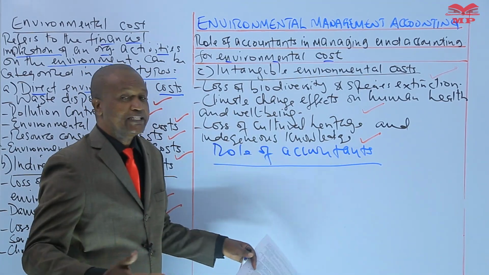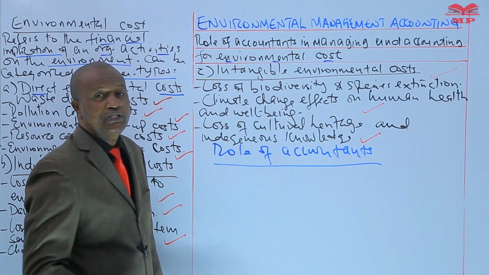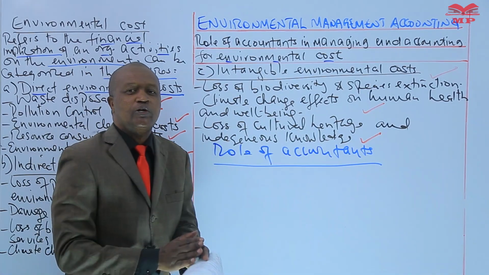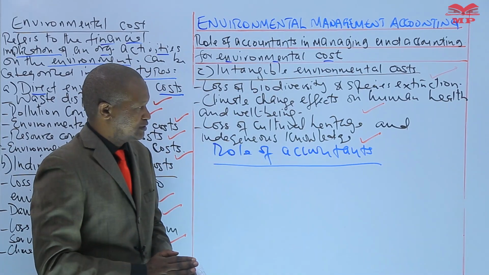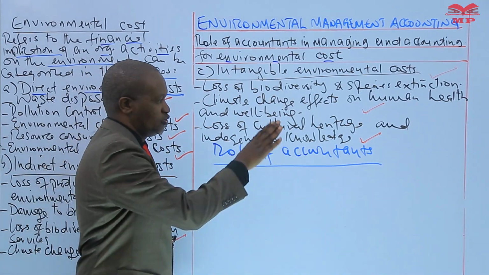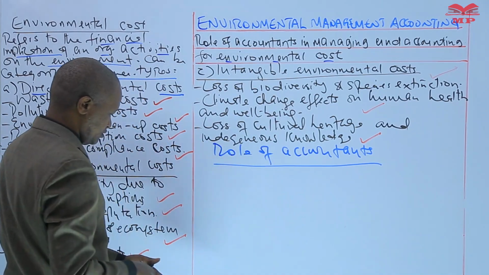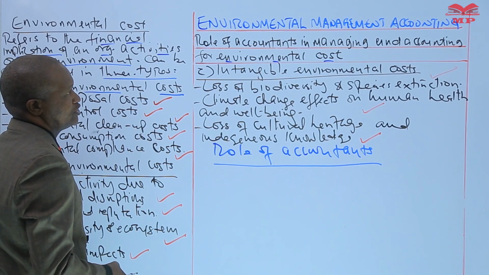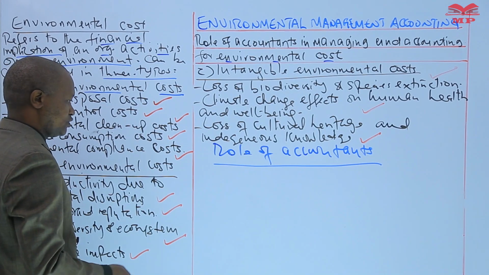And their role extends beyond traditional financial accounting to encompass environmental accounting practices. So we're going to highlight some of the roles played by accountants in managing and accounting for environmental costs.